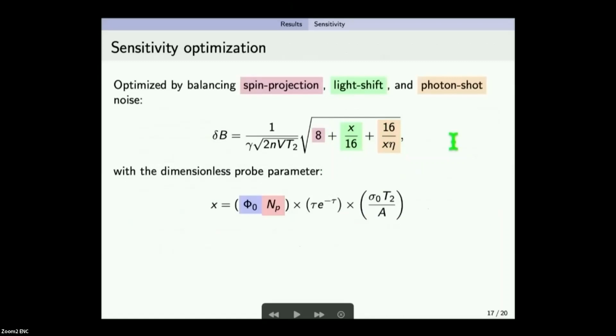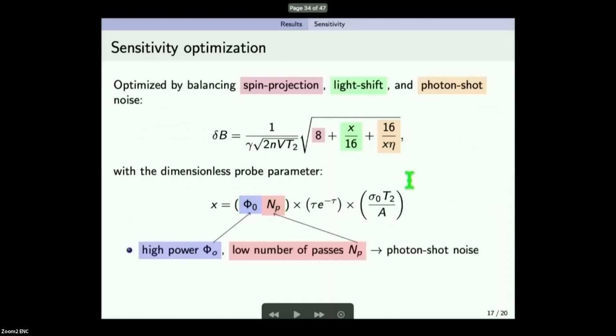So I broke this out in terms of the probe power and the number of passes that it makes through the vapor, because these are the most accessible parameters for us. We can easily change the probe power, and the number of passes is a parameter that we set at the beginning of the experiment. For me, I used a high probe power and a low number of passes, so I was limited by shot noise.